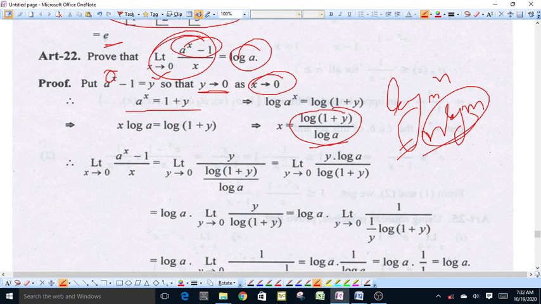This can be written as y into log of a upon log of 1 plus y as y approaches 0. Log a is a constant and can be taken out, so log a into the limit of y upon log of 1 plus y as y approaches 0. This can be written as log of a into the limit as y approaches 0 of 1 upon log of (1 plus y) upon y.